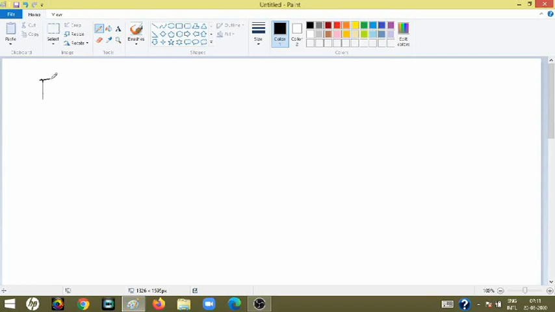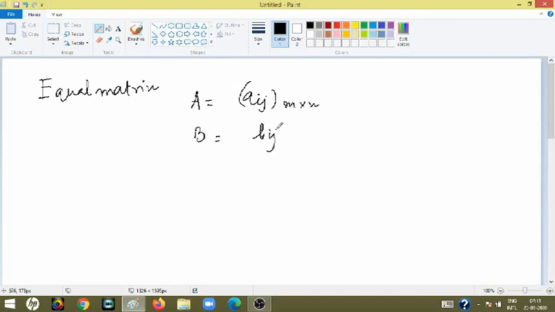Now what is an equal matrix? Let A equal to Aij, m cross n, B equal to Bij, m cross n.